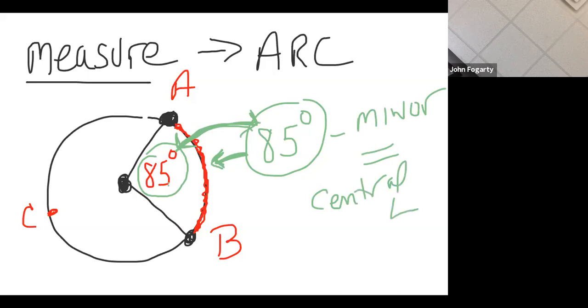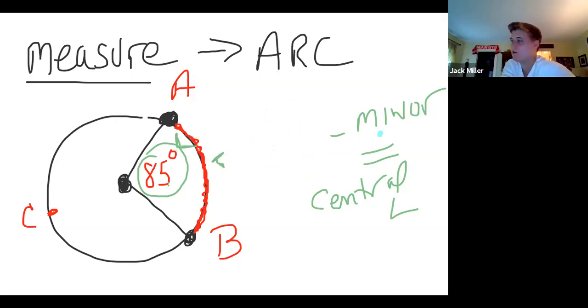Now let's see who knows how to think. If from here to here is 85, what is it from here to here? How do you think you'd figure it out? 275.